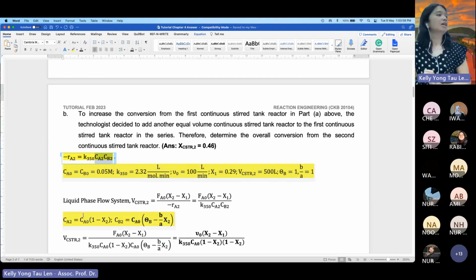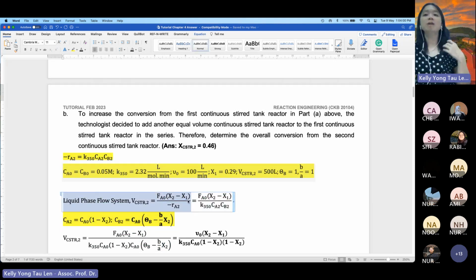Right, okay, now come back to the design equation. So now you have to learn to develop the design equation again for the second CSTR.